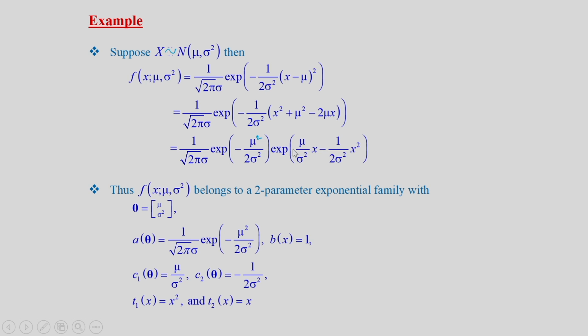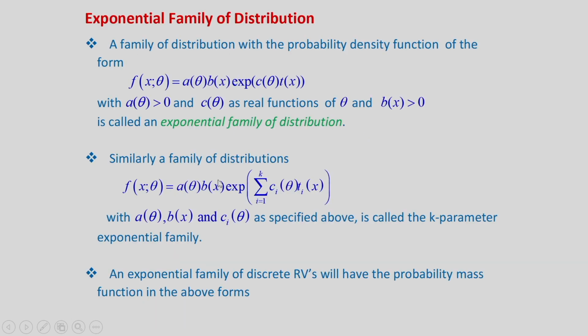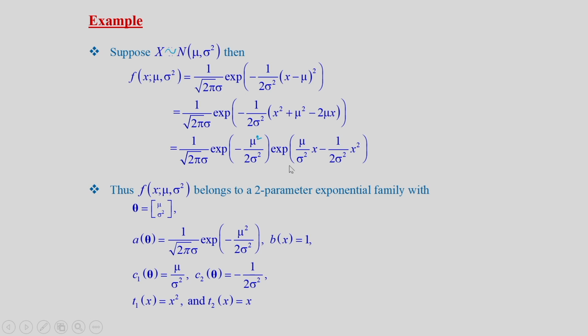Now we can compare this expression with this distribution, and there should be an a(theta) term, a b(x) term, and then the exponential term in the summation form. There we see that there is a sum of two quantities here, and this is the a(theta) term, that is a function of mu and sigma square, and b(x) will be equal to 1, and then the exponential term is the summation of these two quantities.